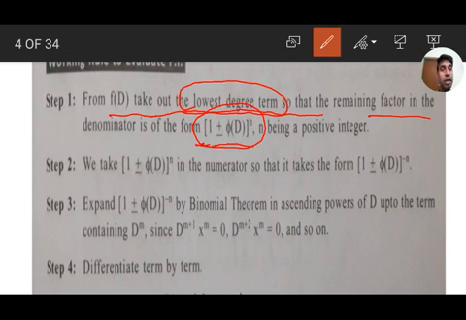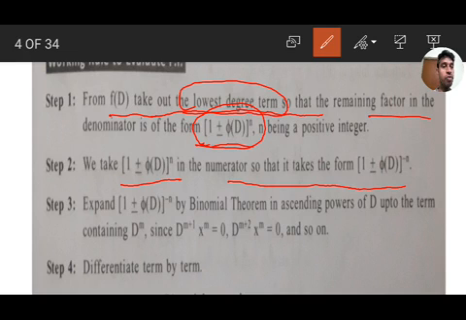Then next, step 2, we take 1 plus or minus phi of D, whole to the power of n, into the numerator, so that it takes the form, numerator means plus n becomes minus n, 1 plus or minus phi of D, whole to the power of minus n. Take it as a numerator.